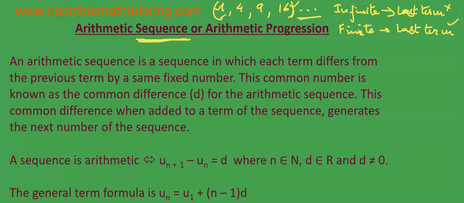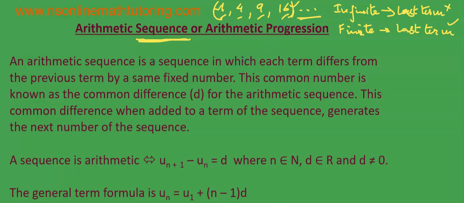Therefore, this is 1 square, this is 2 square, this is 3 square, this is 4 square. The next term should be equal to 25, which will be 5 square. Therefore, this is the rule. Only squared numbers can be included in this infinite sequence. And if we take the finite sequence, it contains only 4 terms. We cannot insert anything in between. Okay?